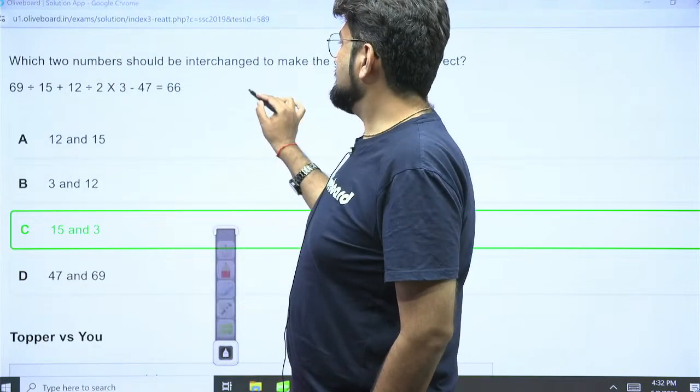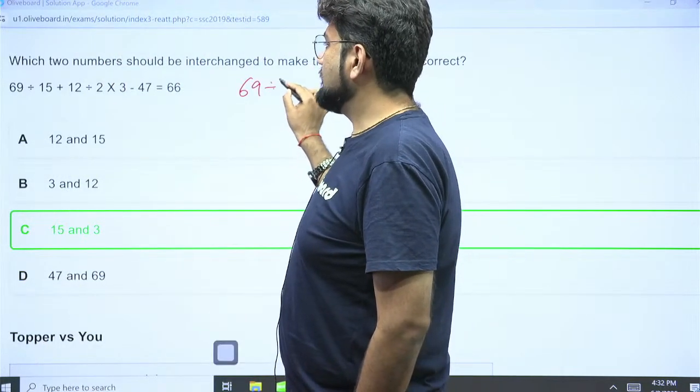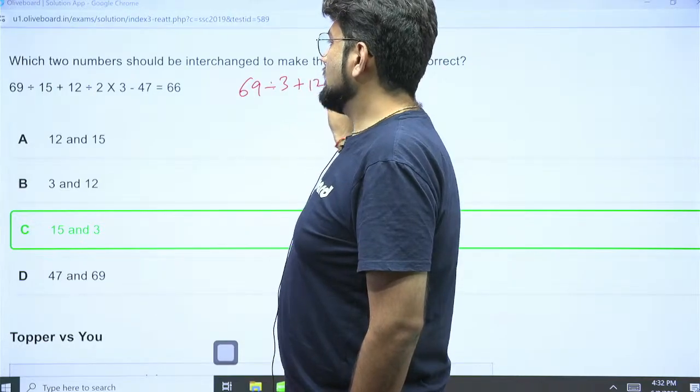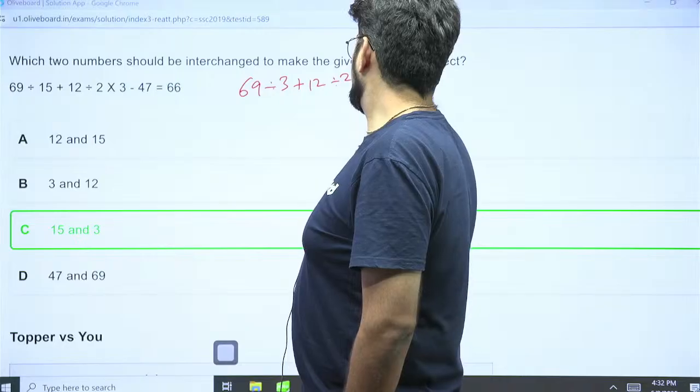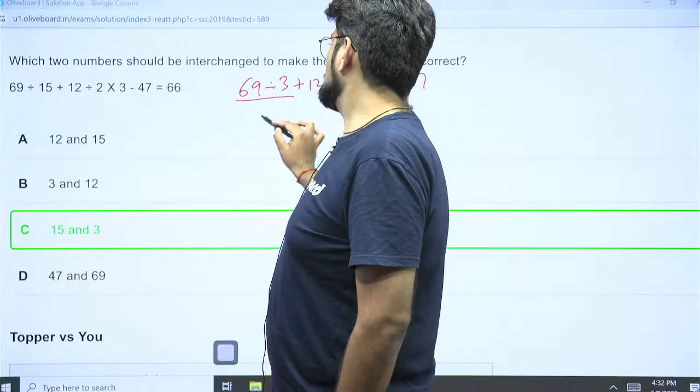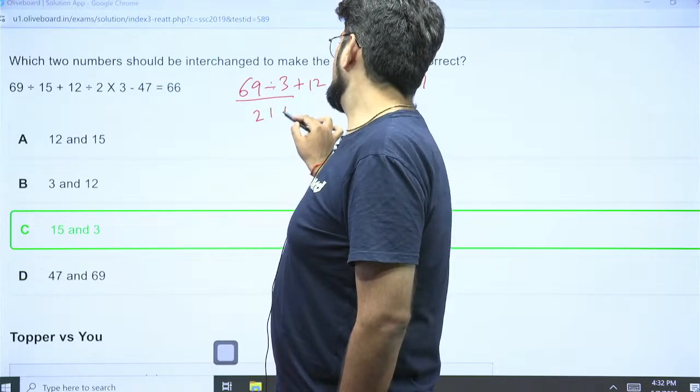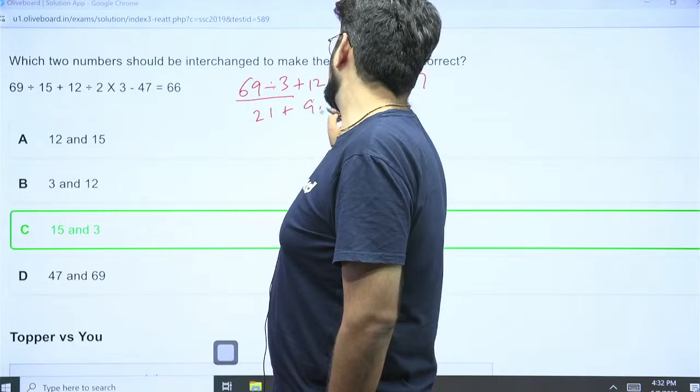If we want to solve it, we can still do that as well. 69 divided by 3 plus 12 divided by 2 into 15 minus 47. So this is 21 plus 6 into 15, 90 minus 47.